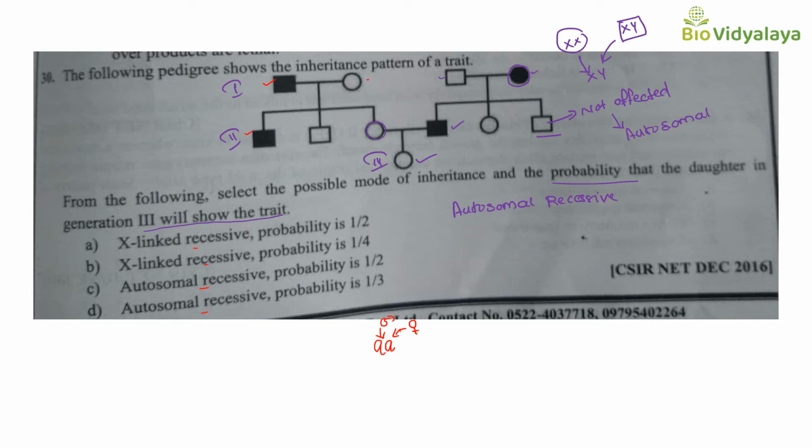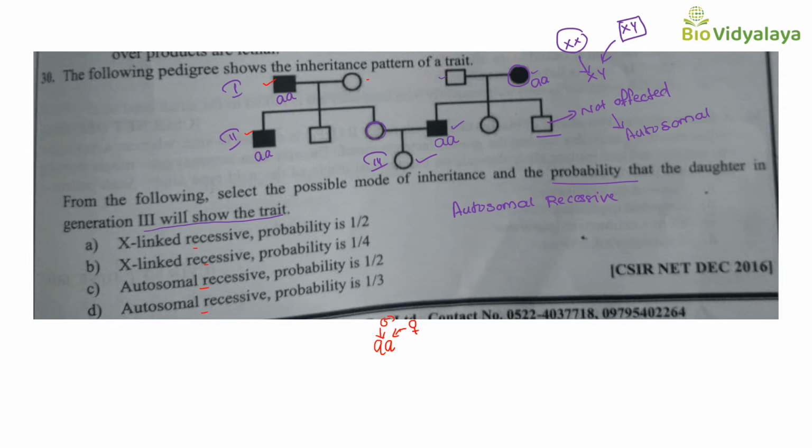Here you can see that this mother is normal and this father is affected, and we know the genotype of this affected individual: small a, small a. Here also small a, small a, and here also small a, small a.